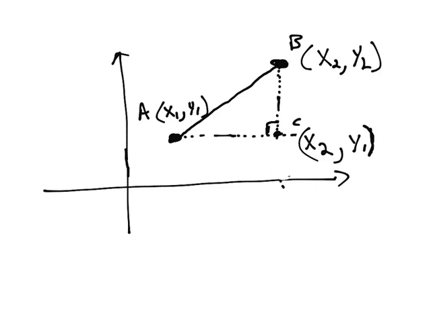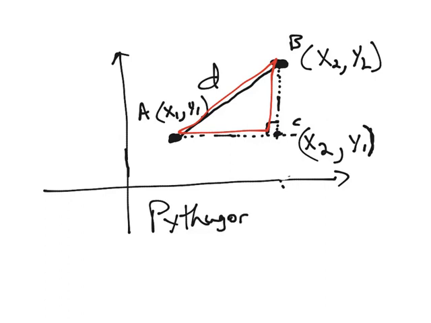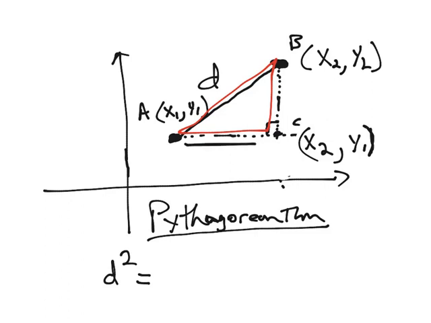So now notice we just have a right triangle, and so good old Pythagorean Theorem can come in and tell us certain things, like we want to find this distance between A and B. Let's call that D. So good old Pythagorean Theorem says that D squared should equal this horizontal side squared, the length of this horizontal side.